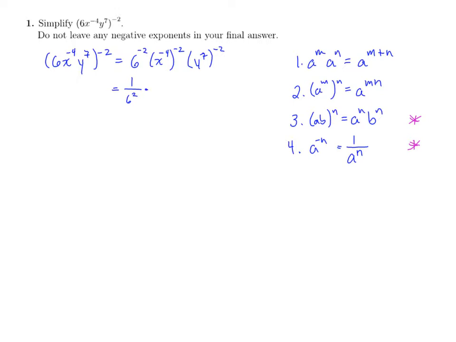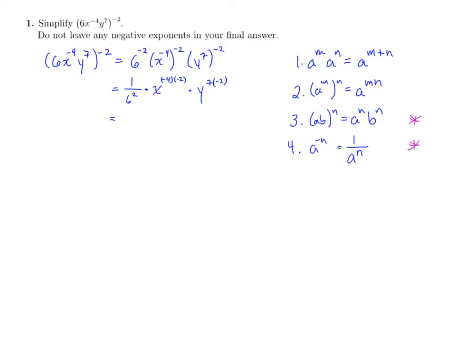And then multiplying by x raised to the negative 4th, which is then raised to the negative 2 power, I can use that rule that allows me to write that as x raised to the product of negative 2 and negative 4. So I'll have this then times x raised to the negative 4 times negative 2. And then lastly, that y to the 7th raised to the negative 2 power, I can also use that product rule there, and so that'll be y to the 7 times negative 2 in the exponent.